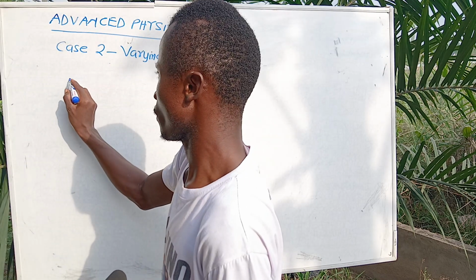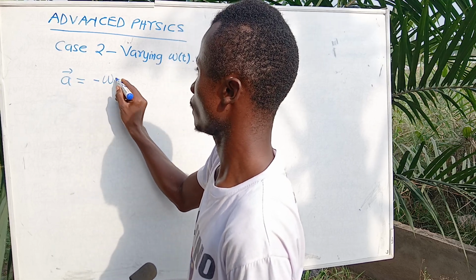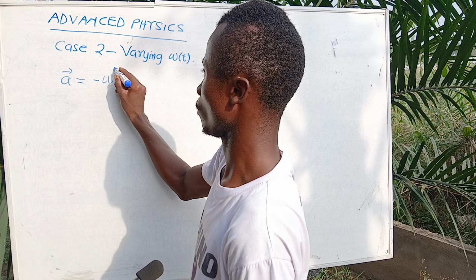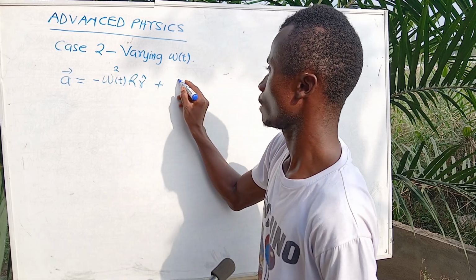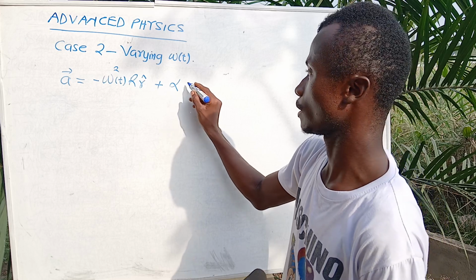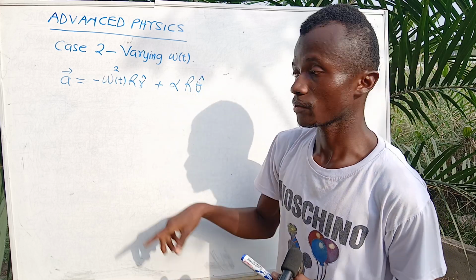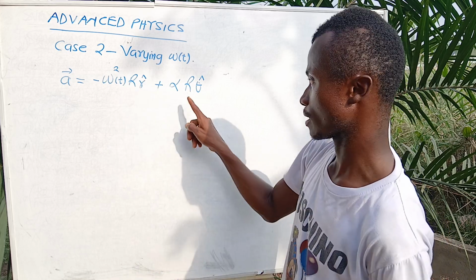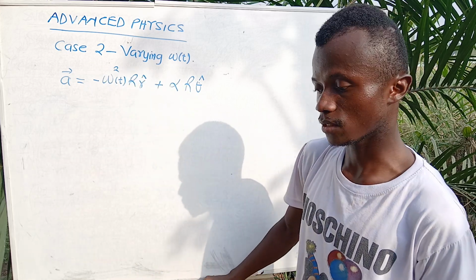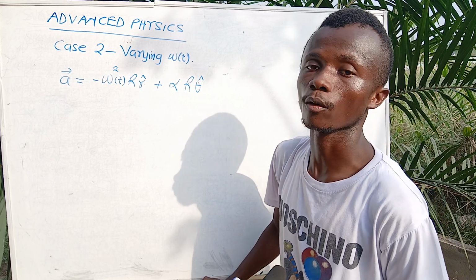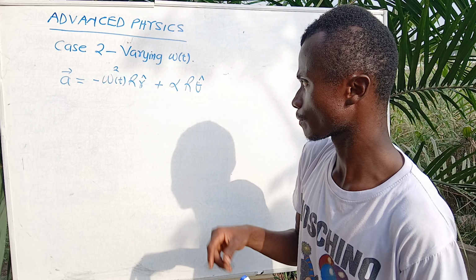Given the net acceleration for every circular motion to be negative omega, which is now a variable, squared r, in the direction negative r roof, plus alpha, which is the angular acceleration, times r in the direction theta roof. So there is one centripetal component and one tangential component. For the tangential, we have alpha, which is d squared theta by dt squared, or d omega by dt, also called the angular acceleration.